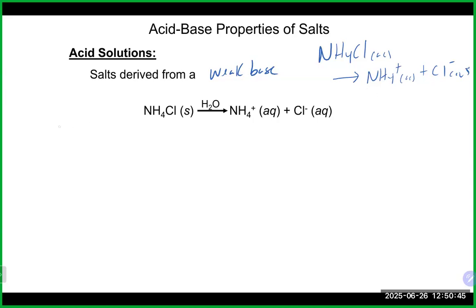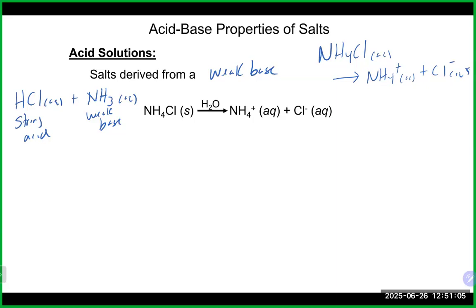And in this particular case, this NH4Cl most likely came from the reaction of hydrochloric acid plus some ammonia. These are probably the two things that it reacted. This is going to be our strong acid, and this is going to be our weak base.